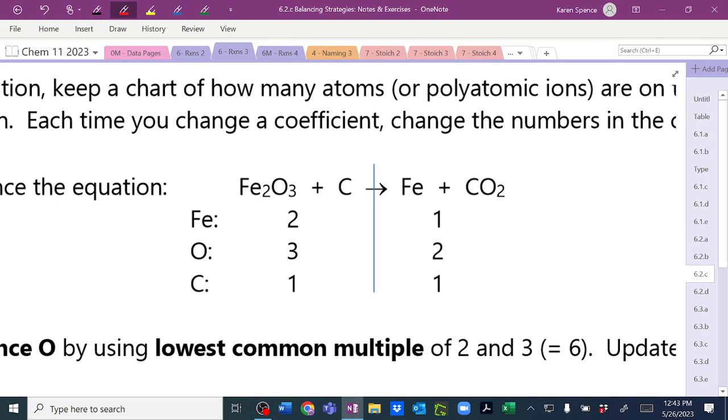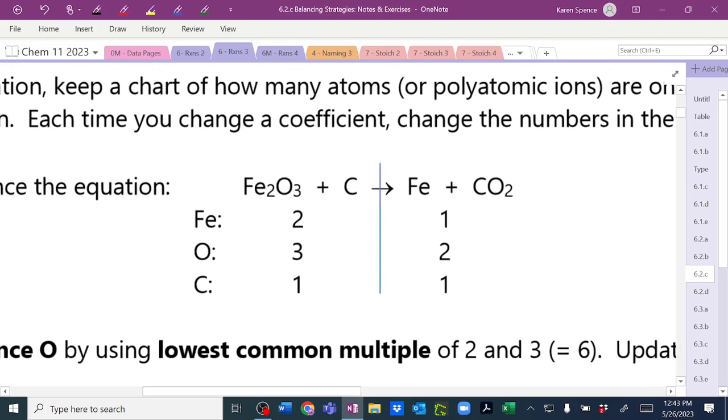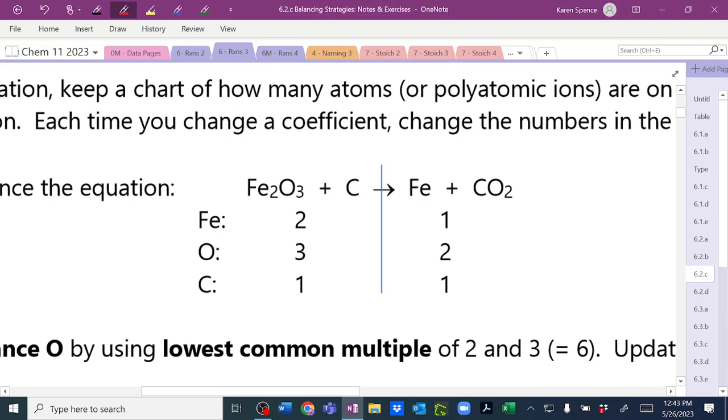So say, for example, we have this one here. We're starting out, and on the left-hand side, we have 2 irons. On the right-hand side, we have 1 iron. We have 3 oxygen on the left, 2 oxygen on the right, 1 carbon on the left, 1 carbon on the right. One of the things that you'll want to do is balance lone elements last.